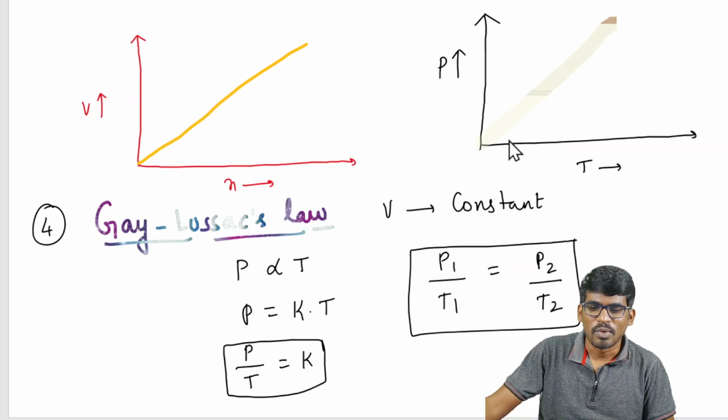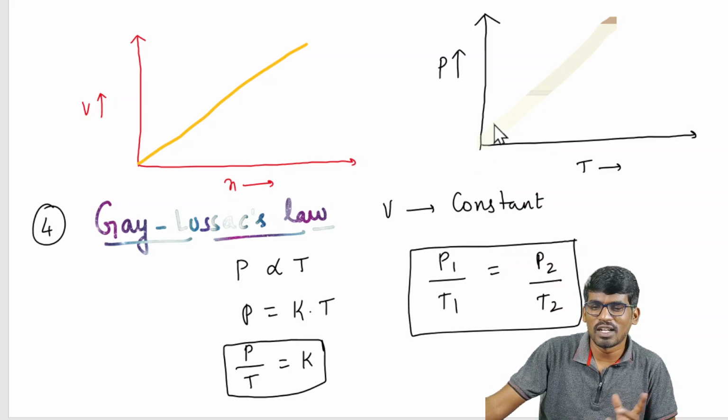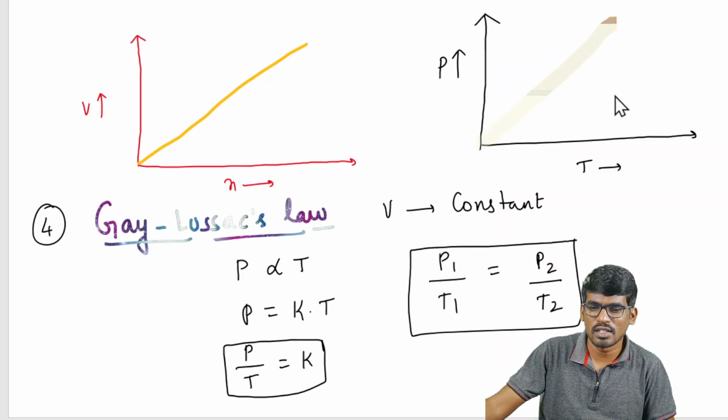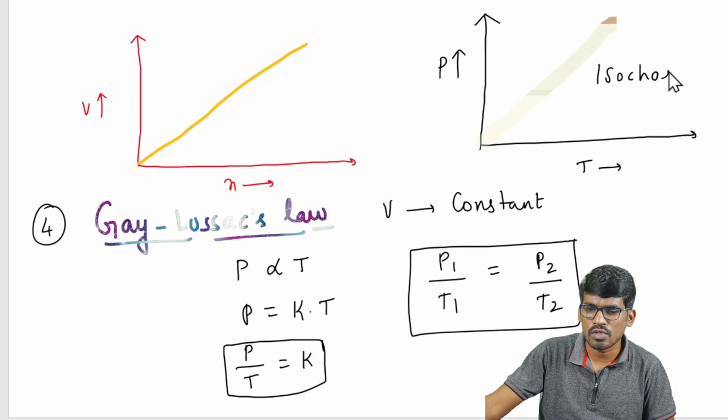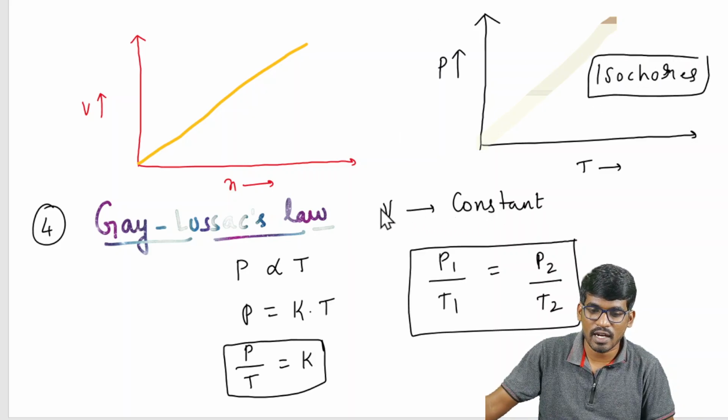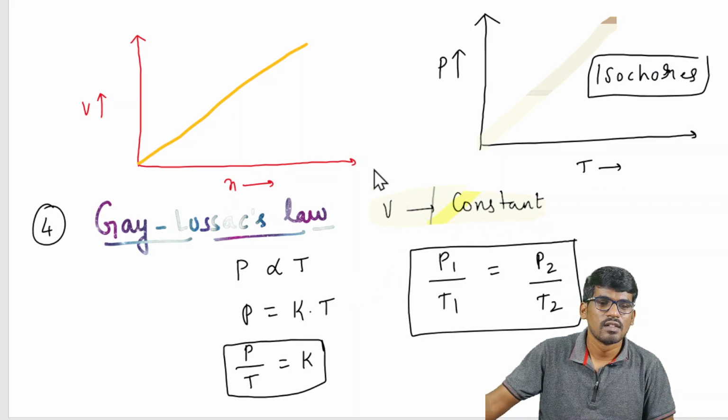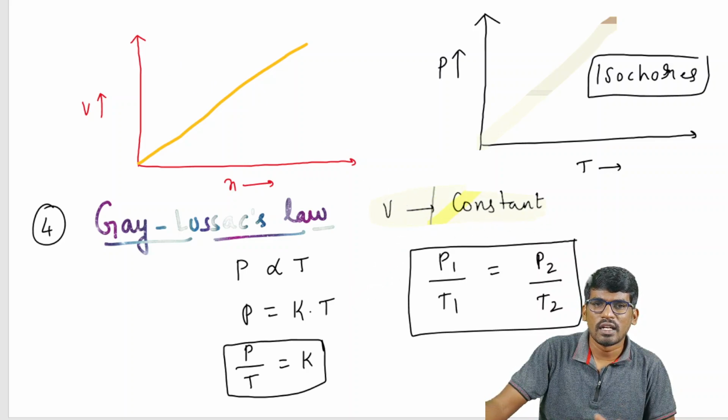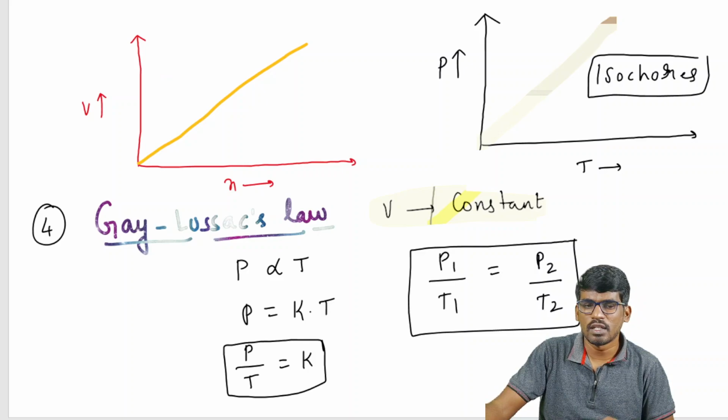Pressure is directly proportional to temperature. You will get a straight line passing through the origin, and these kinds of graphs are called isochores because we have drawn this graph at constant volume. So the graph we get at constant volume is said to be an isochore.